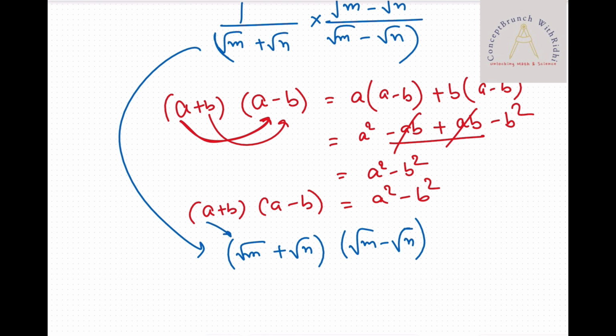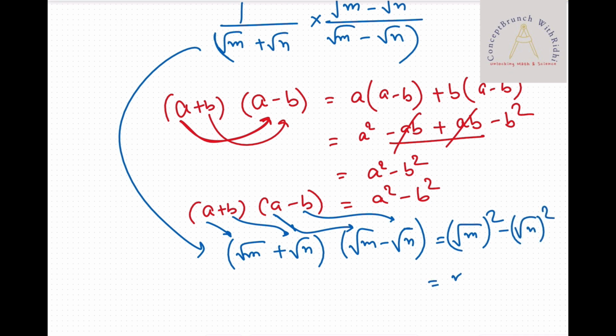In the same way, what do we get as the answer? Root m whole square minus root n whole square. So we'll get the answer m minus n. So it's very important, guys. Remember this thing. This is very important. We can use it in so many ways in mathematics, like in algebra, if you're solving it.